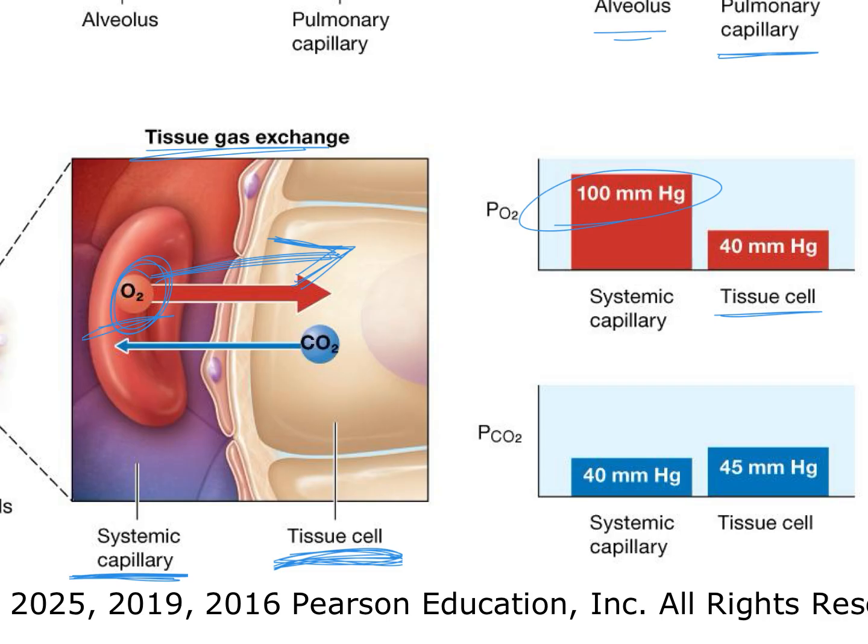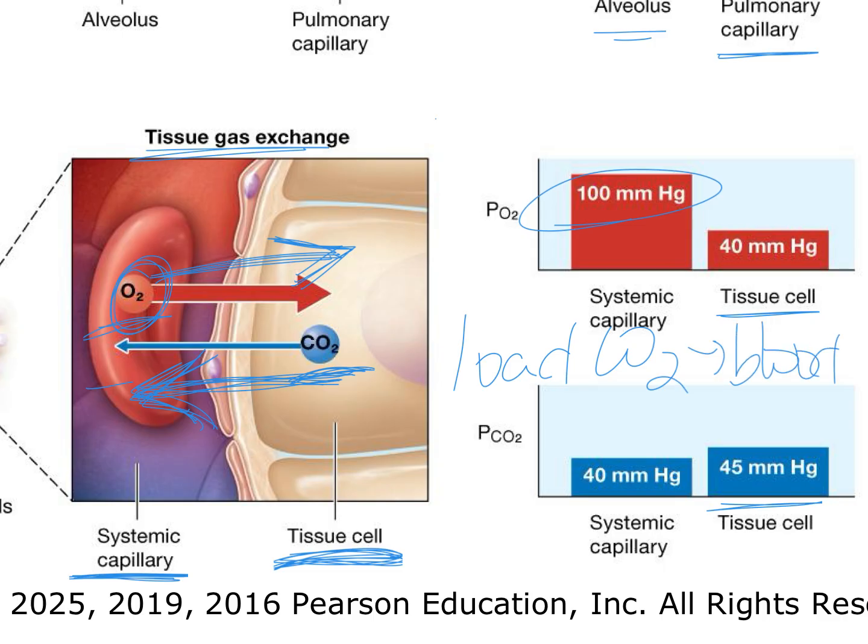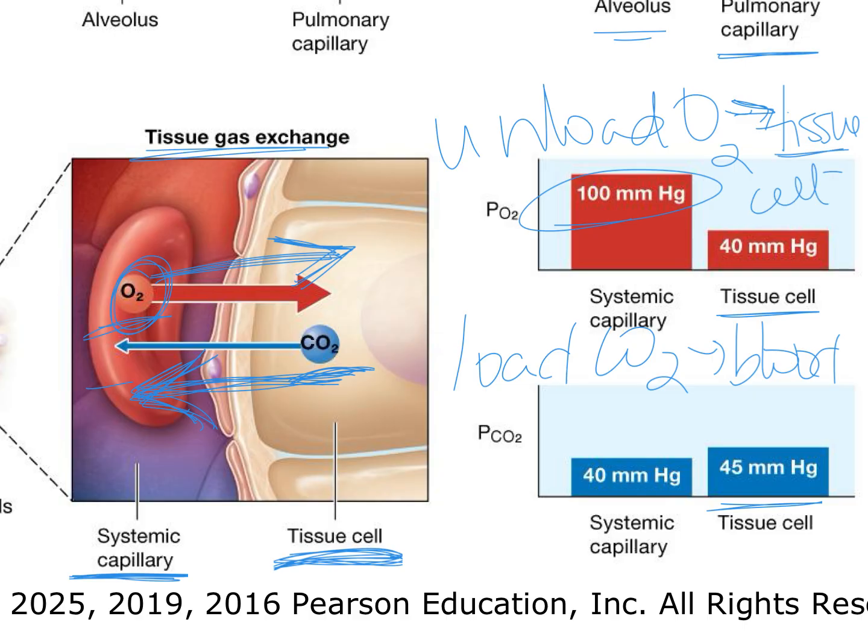And we see the opposite with carbon dioxide. Carbon dioxide in the tissue is 45 millimeters of mercury, so it's higher in the tissue than it is in the blood, and then the carbon dioxide leaves the tissue and goes into the blood. So we are loading carbon dioxide at the tissue level. We load carbon dioxide into the blood, and we unload oxygen from the blood into the tissues and the cells.